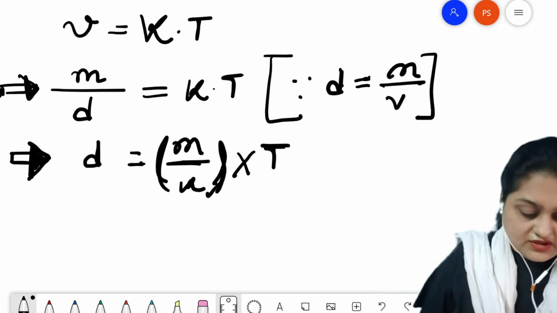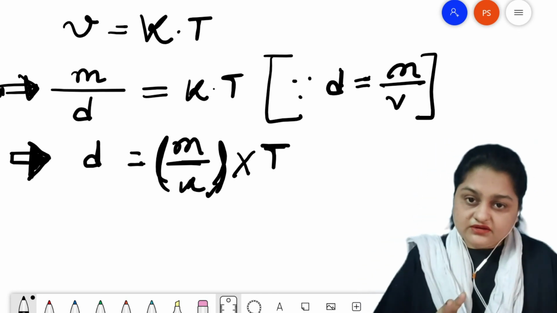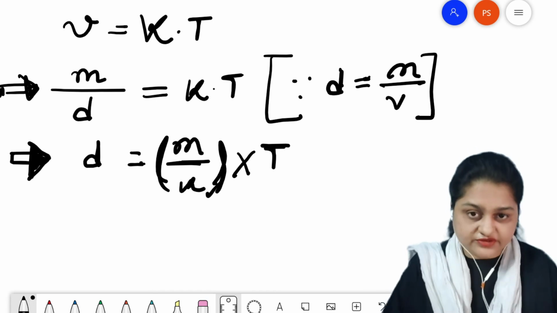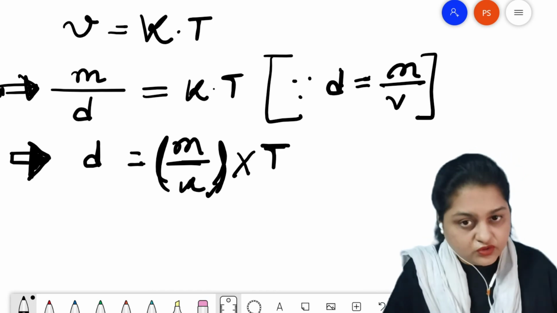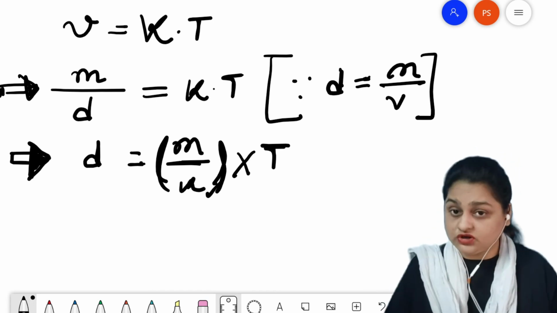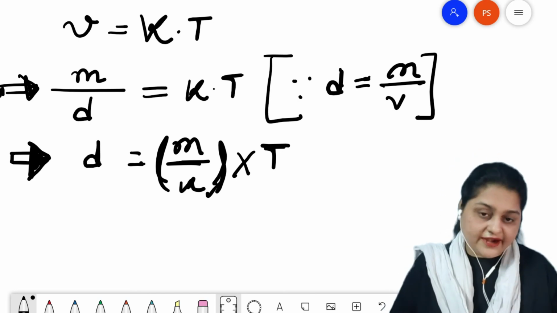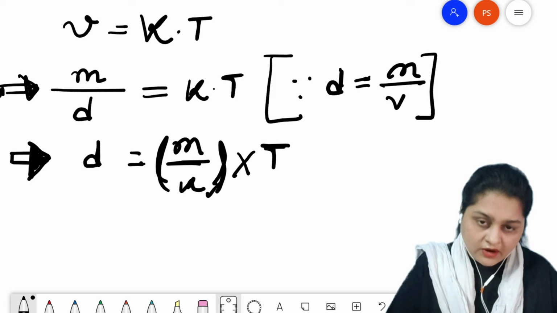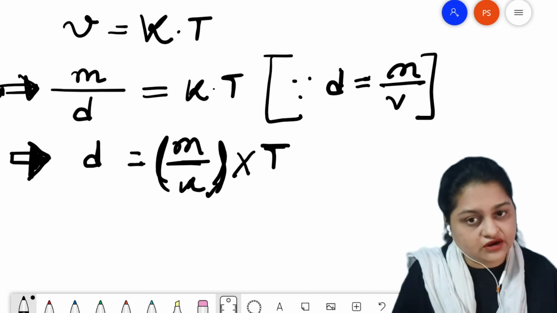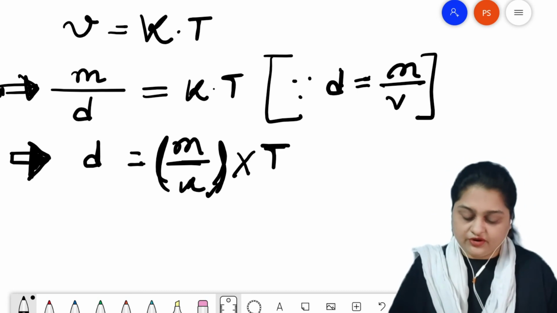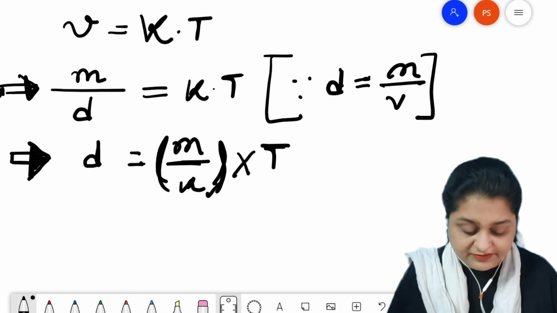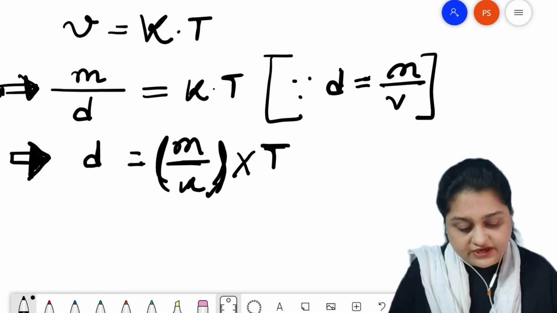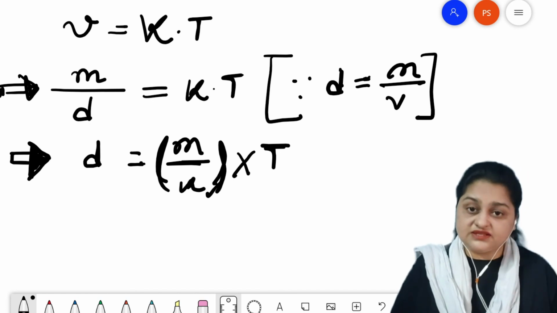Now we are observing this entire gas law in a closed container, as we had talked about earlier. At constant pressure, as this is a closed container, the amount of gas that we are observing is constant throughout the experiment. So the total mass of the gas is also going to be constant, and m represents the total mass in this expression.